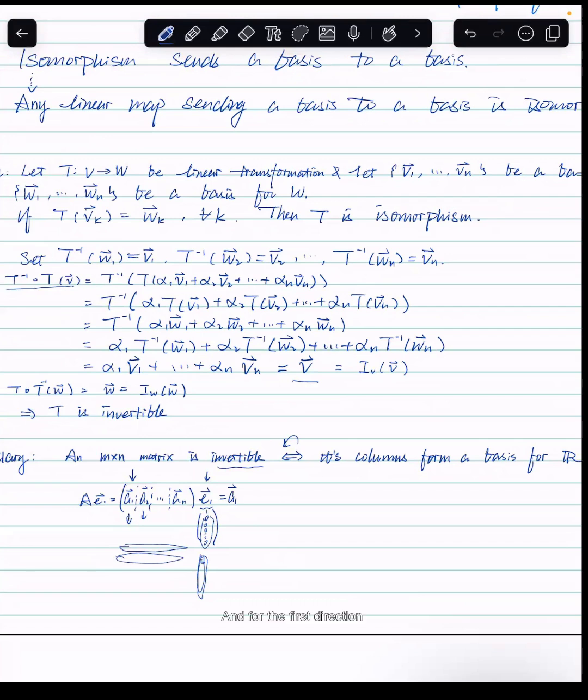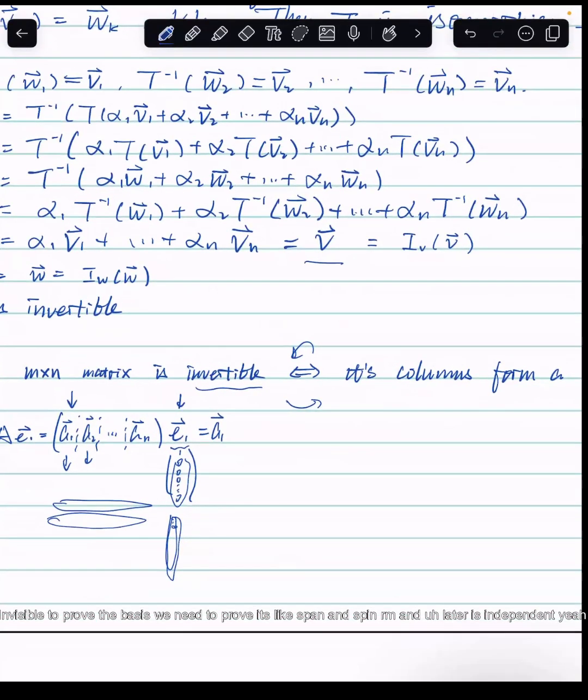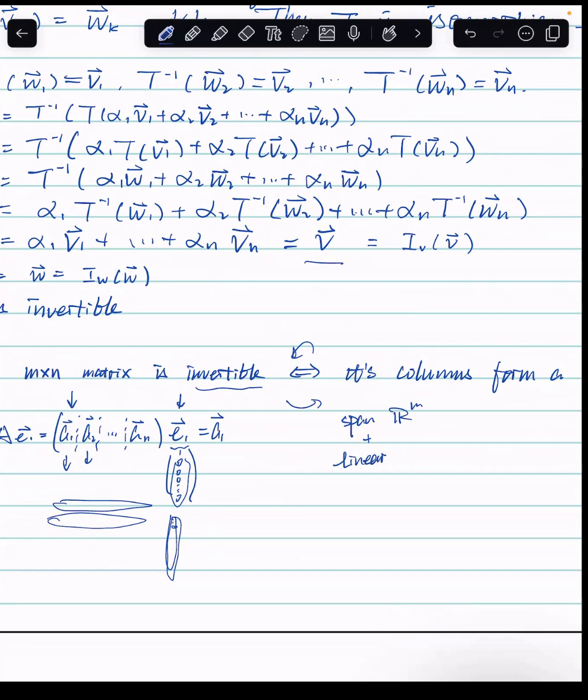For the first direction, invertible to prove the basis, we need to prove it spans Rm and is linearly independent.